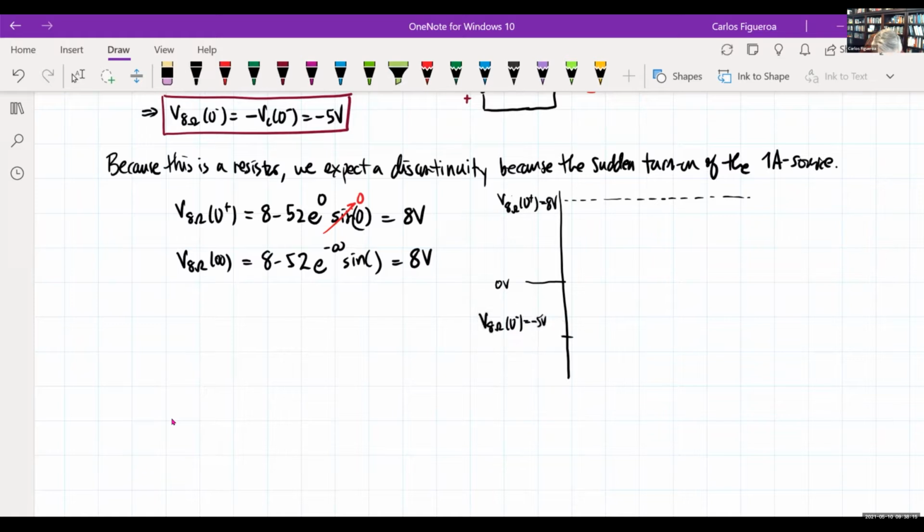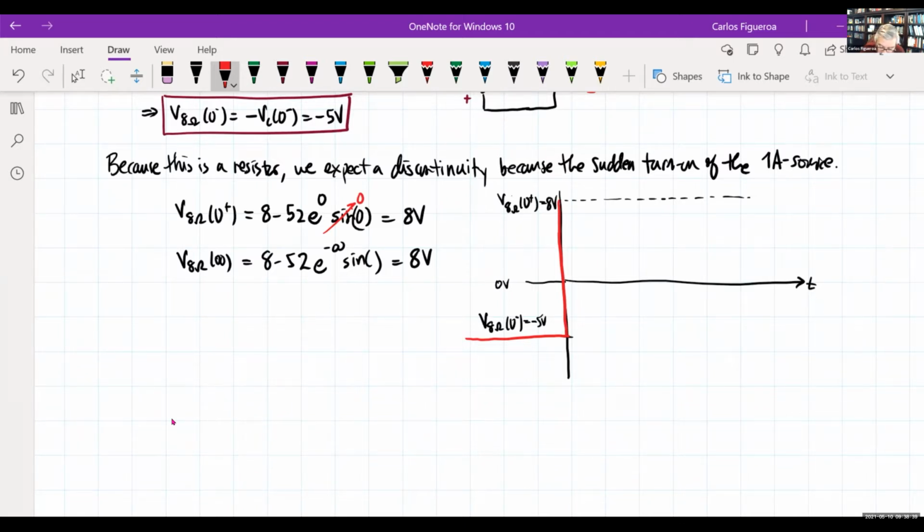So what I'm seeing here is that before t equals 0, I'm going to have a constant current, or a constant voltage across that resistor. And then all of a sudden you have a sudden discontinuity jump all the way to 8.